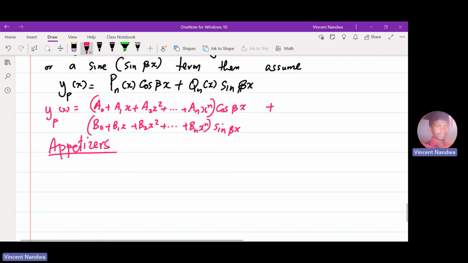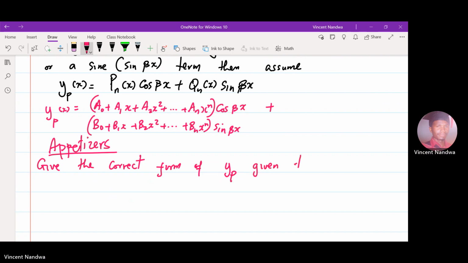Give the correct form of yp given the following.